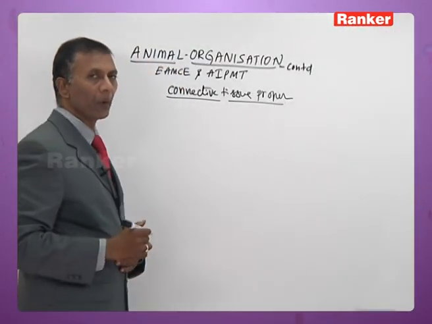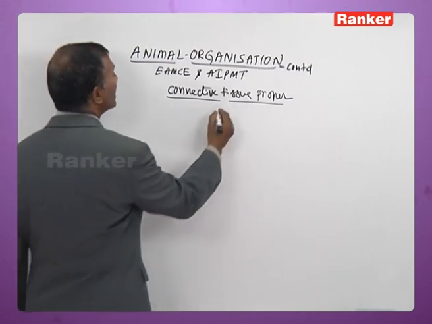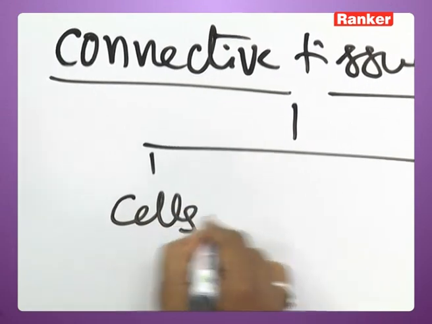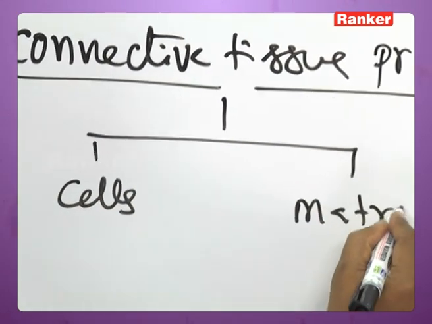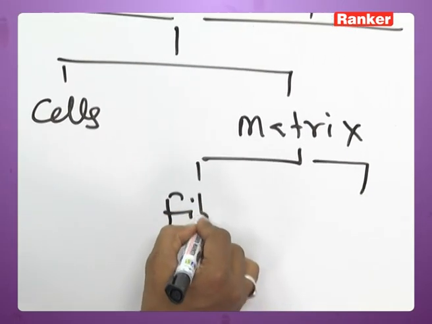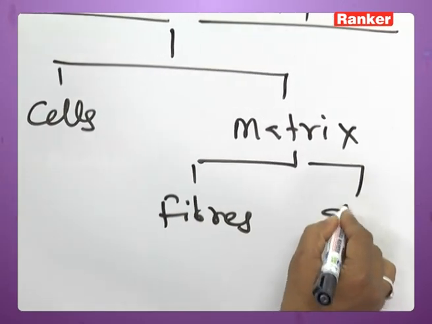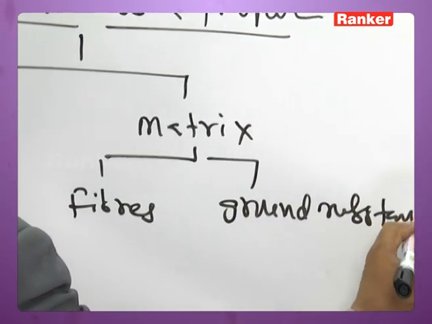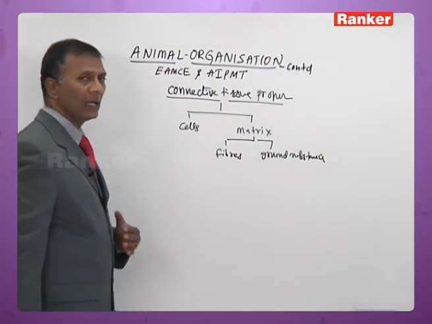Now the connective tissue proper here now consists of cells and matrix. Matrix consists of fibers and ground substance.